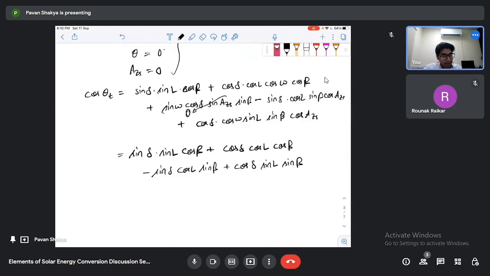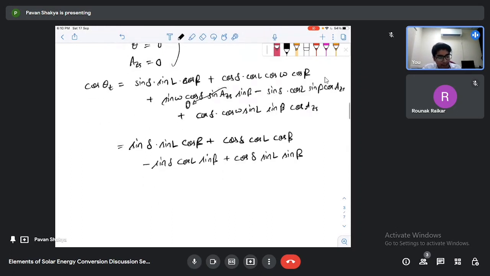Next, we will combine the first two terms and the last two terms. Combining the first two terms and taking cos beta outside, in the bracket we get sin delta sin L plus cos delta cos L. Similarly, from the third and fourth terms, we take sin beta outside.